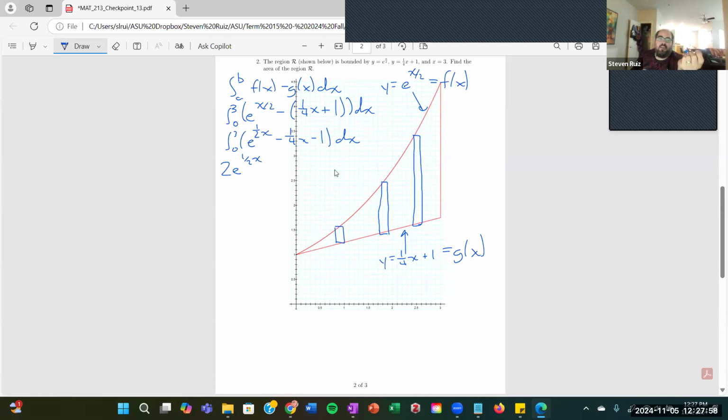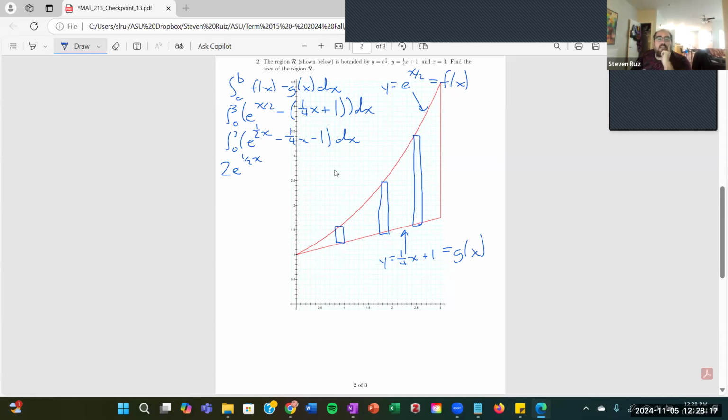So we have 2e to the 1/2 x. We said the derivative of e to the 1/2 x is 1/2 e to the 1/2 x. So 1/2 e to the 1/2 x times 2, the 1/2 and the 2 cancel out, and I would indeed end up right where I left off.